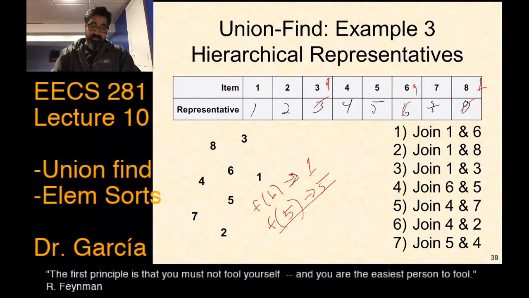So that means that if I do a union of 6 and 5, my update should be that the find on 5 should be 1 now. Oops, that's supposed to be a 1. All right, so I did this here.